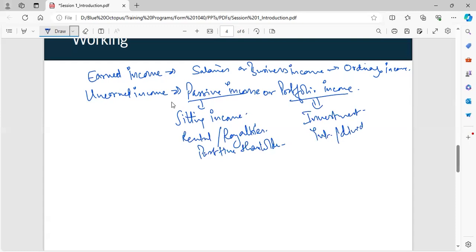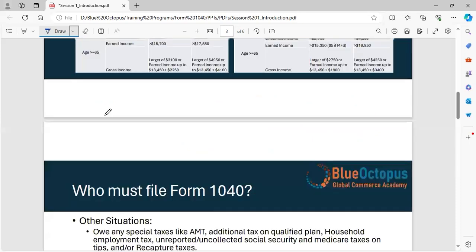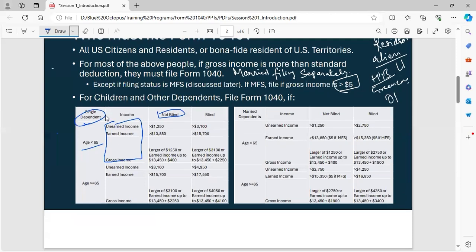So if the dependent has interest, dividend, rental income, royalty income, or any passive income of more than $1,250, and that person is single, not blind, and less than 65 years of age, then that person is liable to file Form 1040 separately.